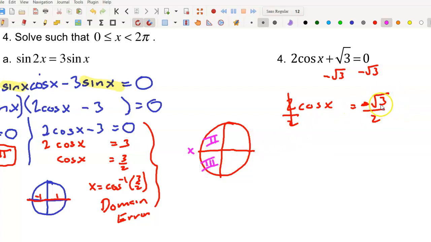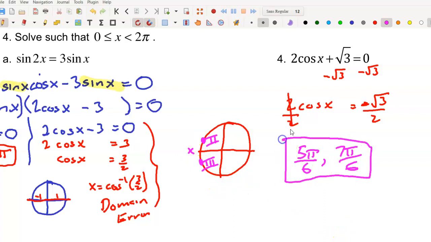All right, so you have to figure out which of them have a run of negative root 3 over 2. And after a little bit of remembering, you come up with 5 pi over 6, which is right here. And then its complement, which is down here, which would be 7 pi over 6. Because in the middle would be 6 pi over 6. 6 over 6 would just be 1, or 1 pi. Okay? So those would be your two answers there.